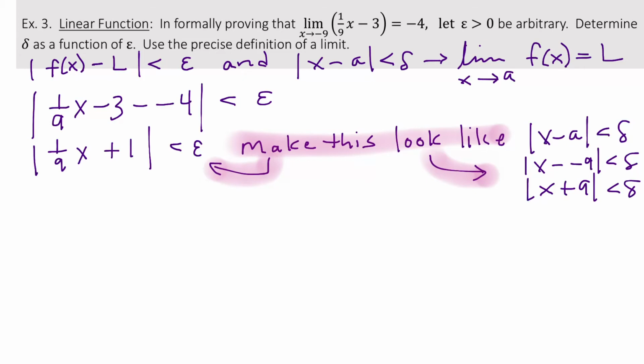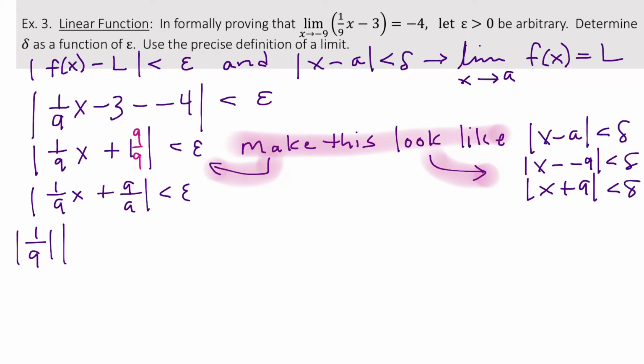All right, so let's look at the left part now. So I can see I have a 9. So let's go ahead and multiply this 1 by 9 over 9 so we can get a common denominator. 1/9 x plus 9/9 is less than epsilon. Now we can factor out a 1/9, and when you do it with absolute values, you want to put bars around the thing that you factor out.